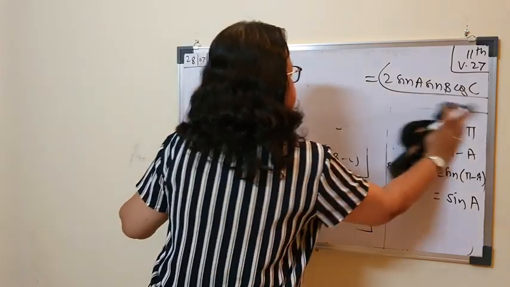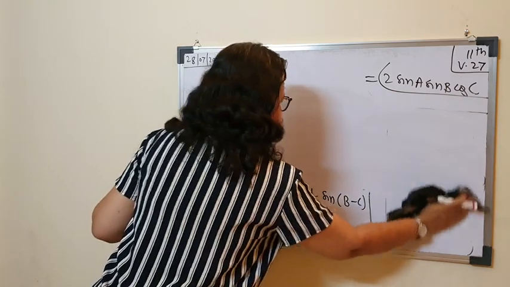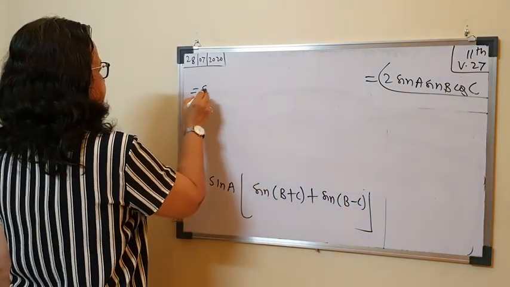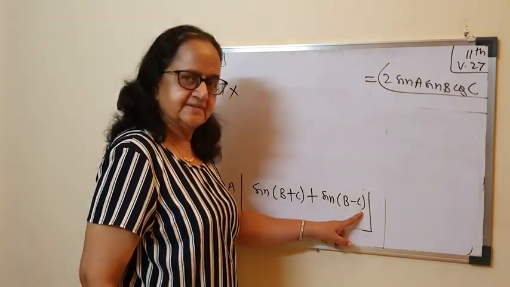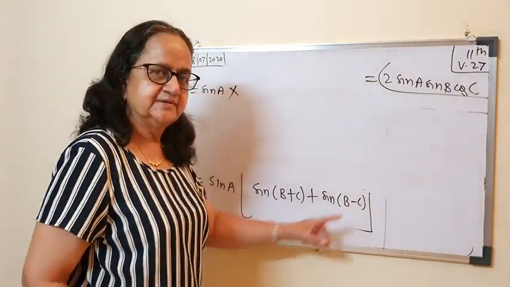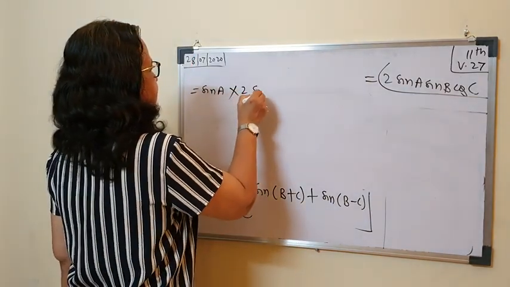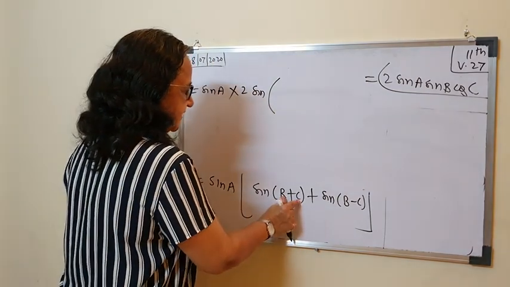So what do I get? Outside sine A into, how is this bracket? Sine C plus sine D. Formula: 2 sine C plus D, addition, first angle and second angle.